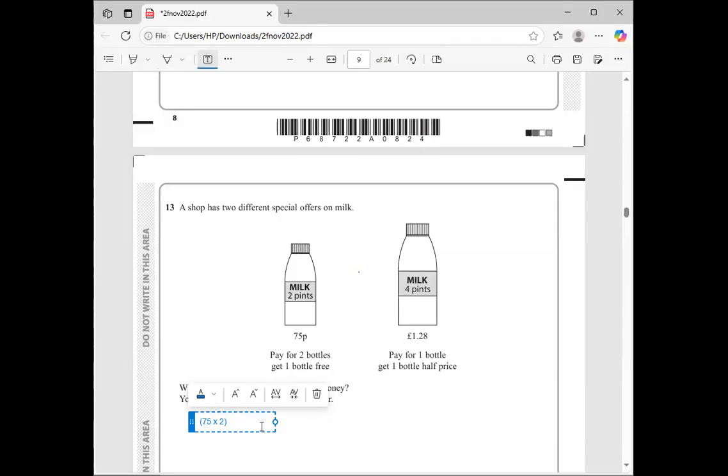Okay, so this is this thing. Now get one bottle free. Two bottles. Get one bottle free.